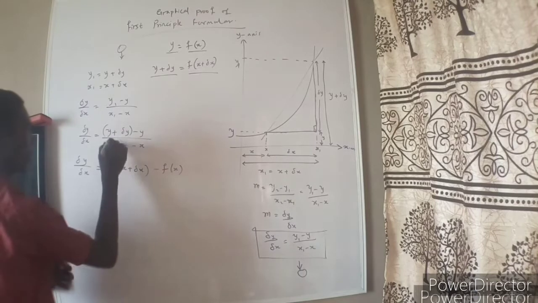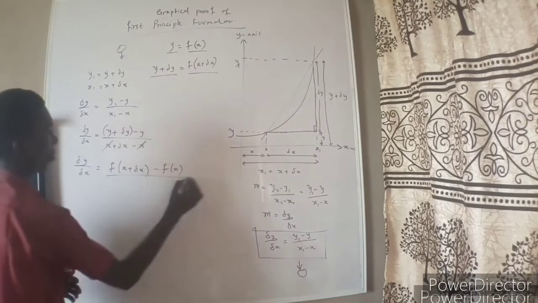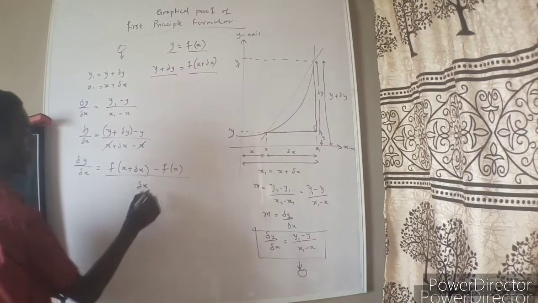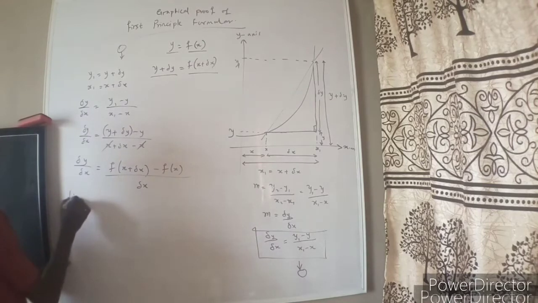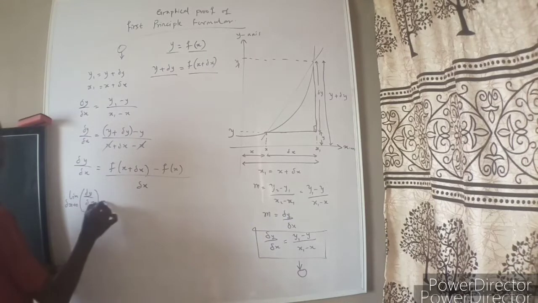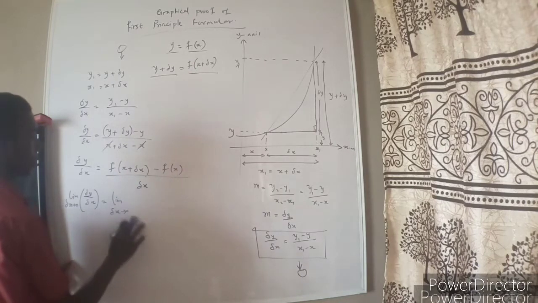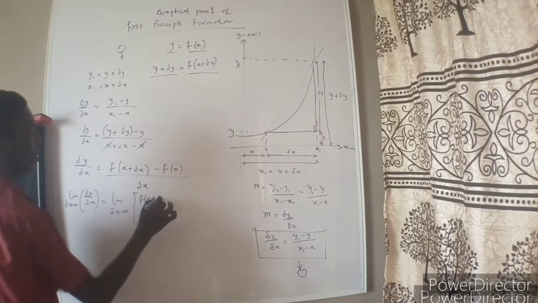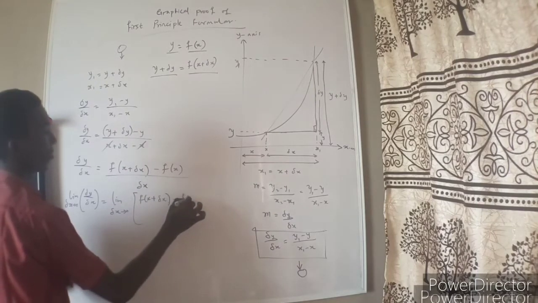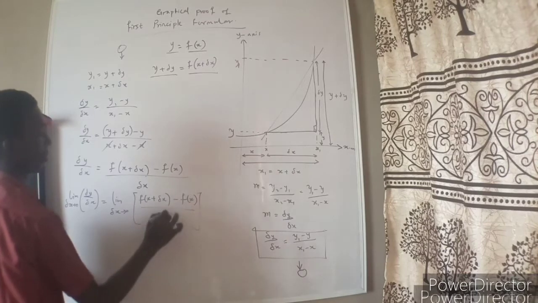So now the x here will be removed, all over delta x. If I now take the limit of both sides, whereby delta x tends to 0, we have dy over dx equals the same limit where delta x tends to 0 of f of x plus delta x minus f of x, all over delta x. Once I find the limit of this, dy over dx equals the limit as delta x tends to 0 of f of x plus delta x minus f of x, all over delta x.